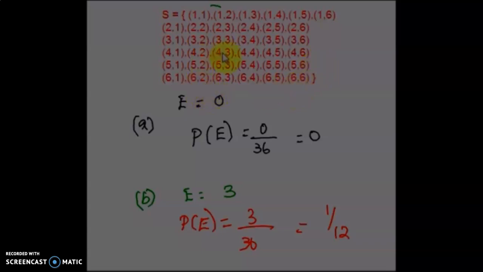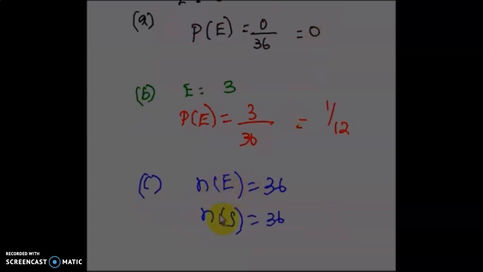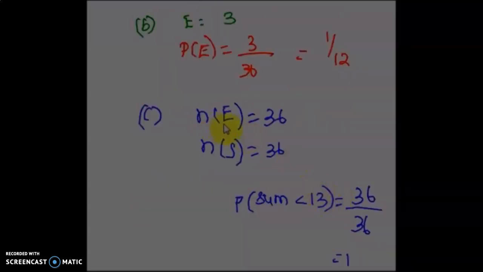So if we talk about the favorable outcome, meaning what is required, which says a sum of less than 13, the probability of sum less than 13 will be 36 out of 36, which is 1. And when we get a probability of 1, we say that this is certain to happen. When the probability is 0, it means it is impossible.